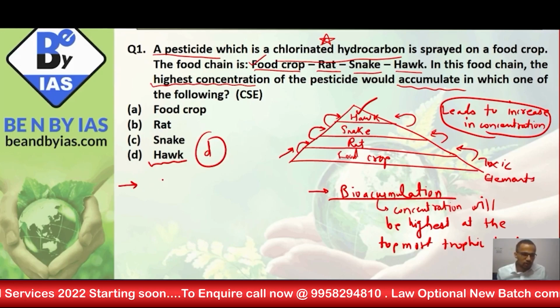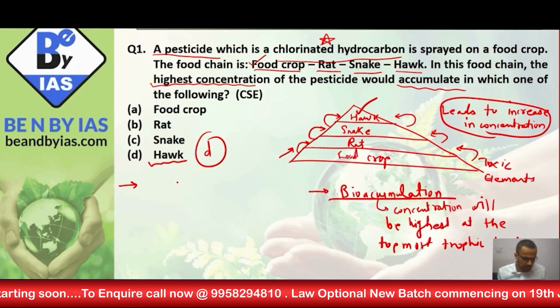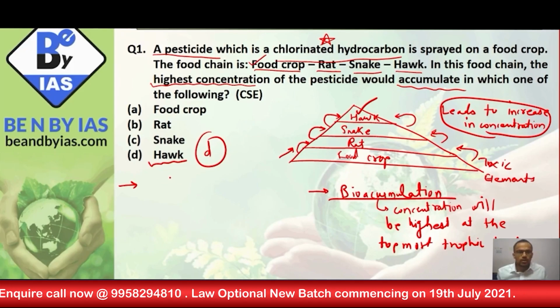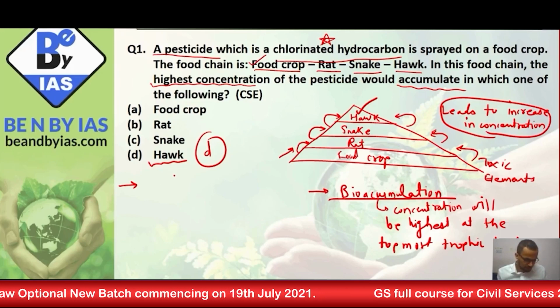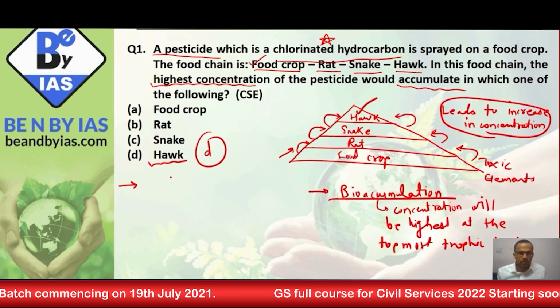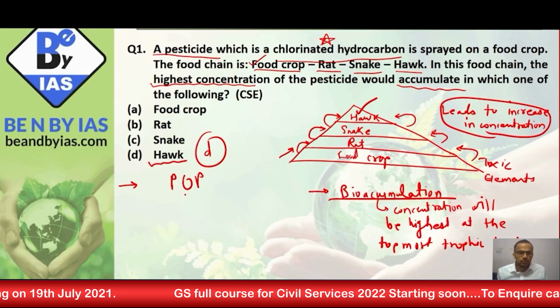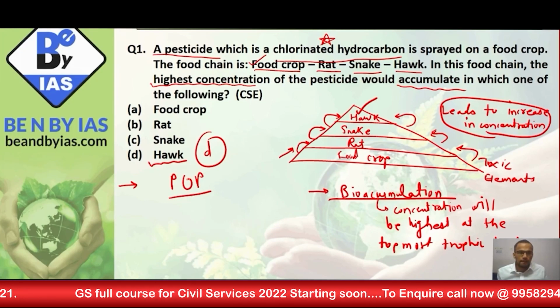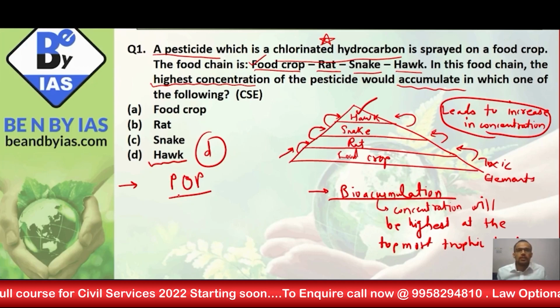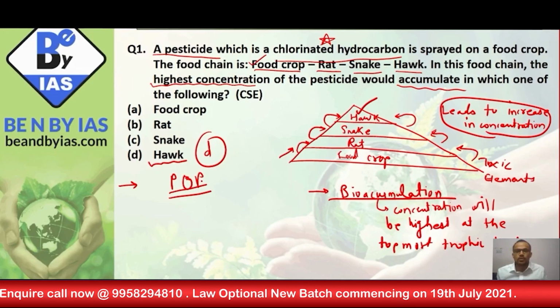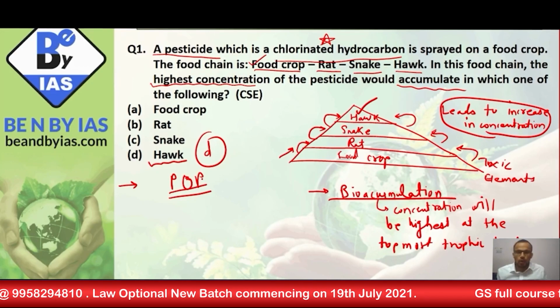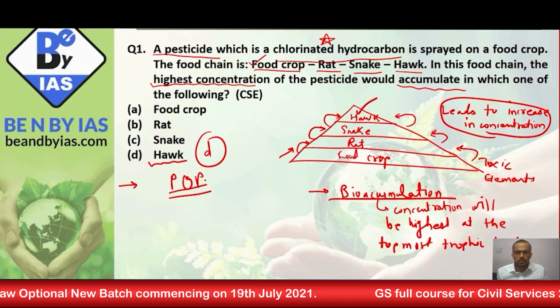Here one very important related concept is that this particular chlorinated hydrocarbon is a contaminant and it is nothing but a POP. What is POP? Persistent organic pollutant. What are persistent organic pollutants?